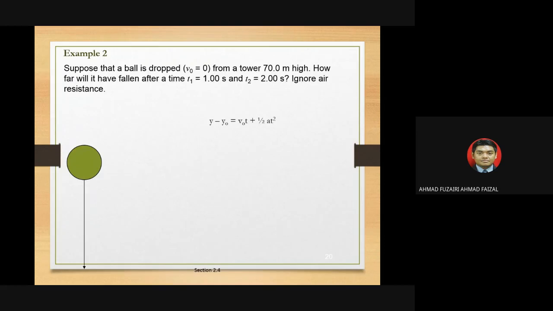Suppose that a ball is dropped from a tower 70 meters high. How far will it have fallen after a time t equals 1 second and t equals 2 seconds? Please ignore air resistance.